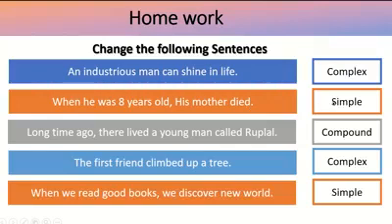Make it simple. Long time ago, there lived a young man called Ruplal. Make it a compound sentence. The first friend climbed up a tree. Make it a complex sentence. And the last one, when we read good books, we discover a new world. Make it simple.